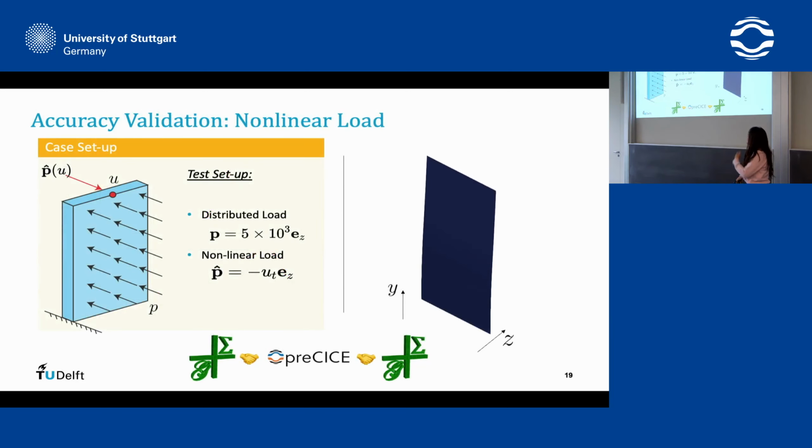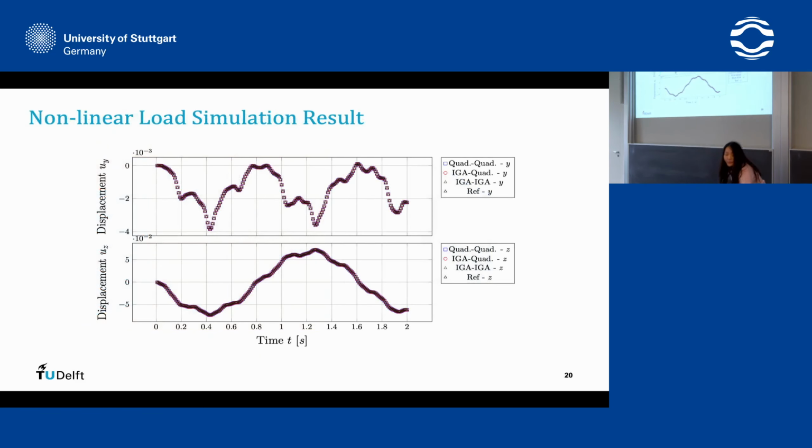We also tested our coupling cases with a nonlinear load. The nonlinear load is a spring load we add on the other side, which is a function of the displacement. For this nonlinear load case, you can also see these 4 lines lie on top of each other. So by exchanging knot vectors and control points, we don't lose any information.